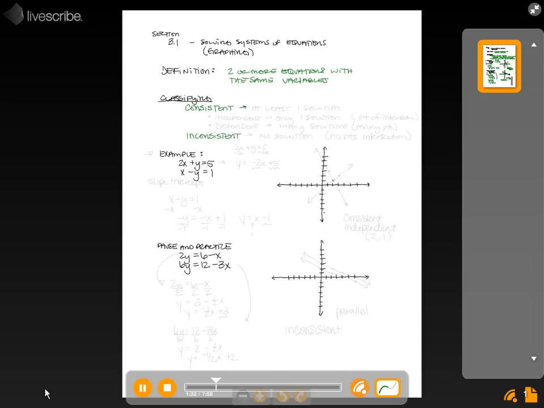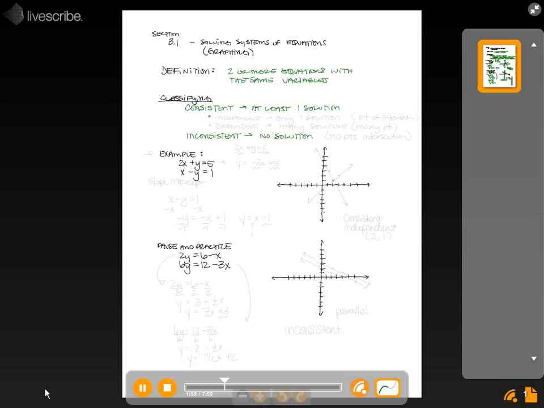Consistent means it has at least one solution. So it has to have one, or it could have more. It could have three, it could have five, it could have infinitely many, but it has to have at least one. Inconsistent means there is no solution to our problem. Okay?